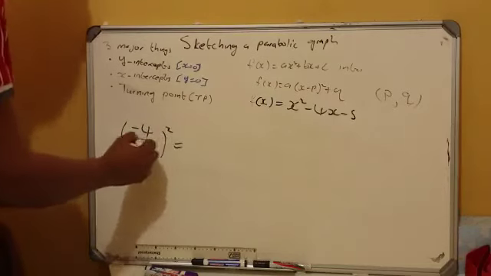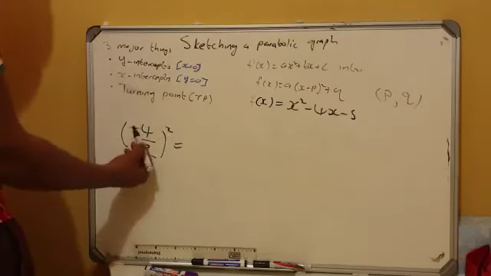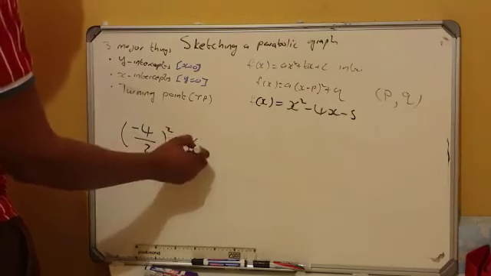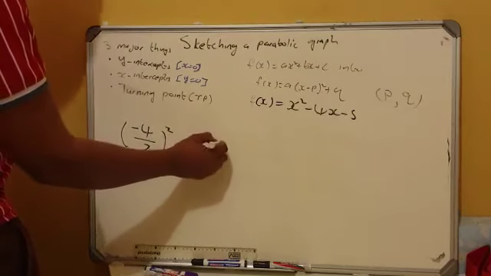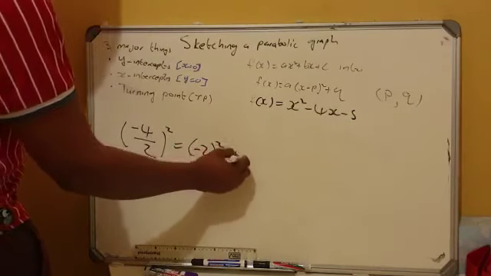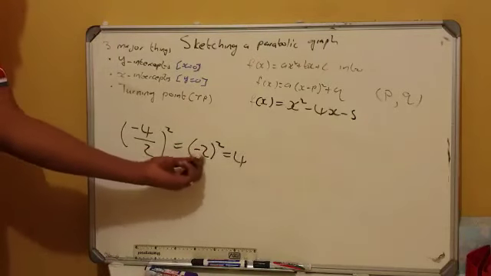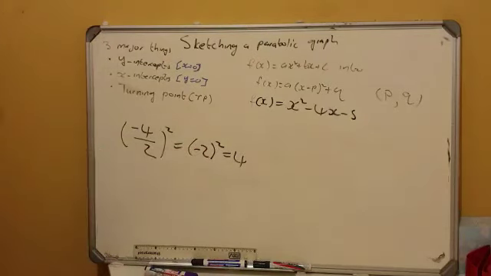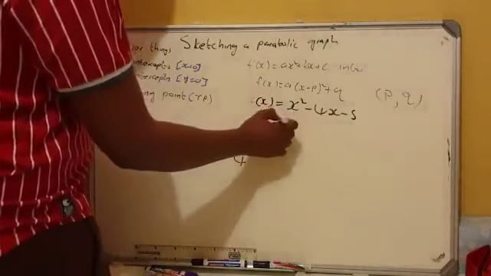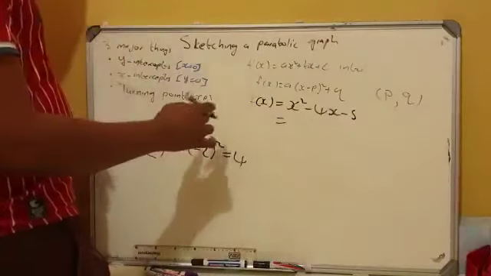So minus 4 divided by 2 is going to be minus 2. You square it. It's necessary to do these steps because we're going to use this middle term in our bracket.